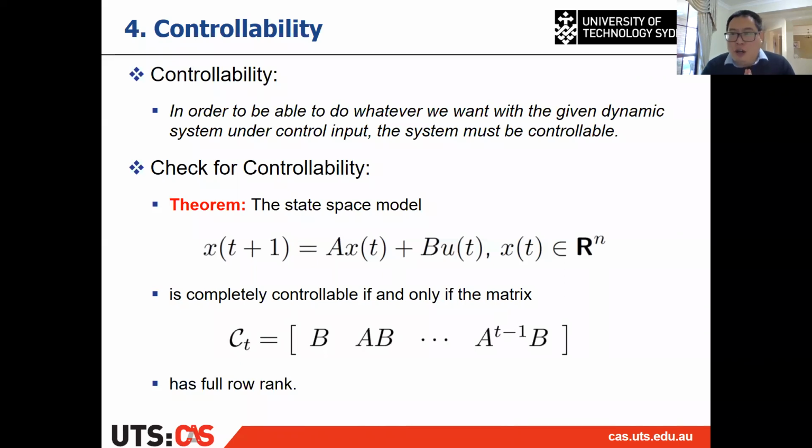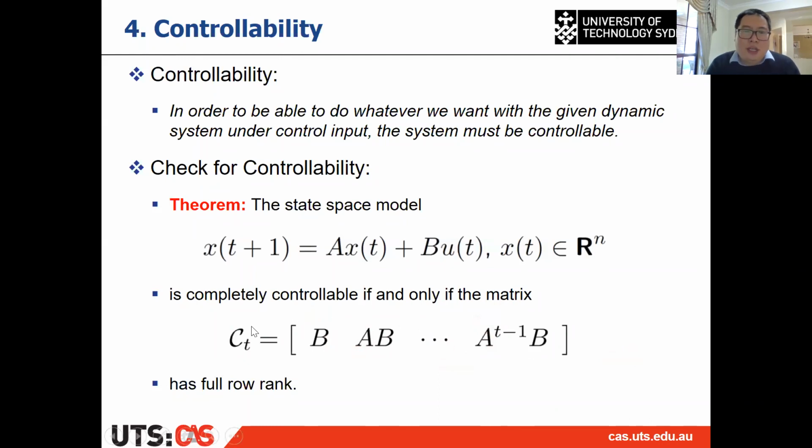And for the controllability of the discrete time system, the criteria, everything is exactly the same as what we have in the continuous time system. The stability criteria are different, but for the controllability, they're exactly the same. So you need to first calculate the controllability matrix, which only comes from B and A. That is exactly the same.